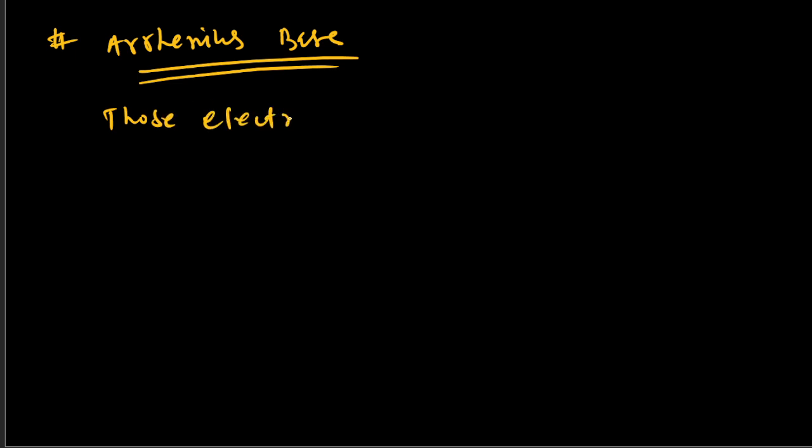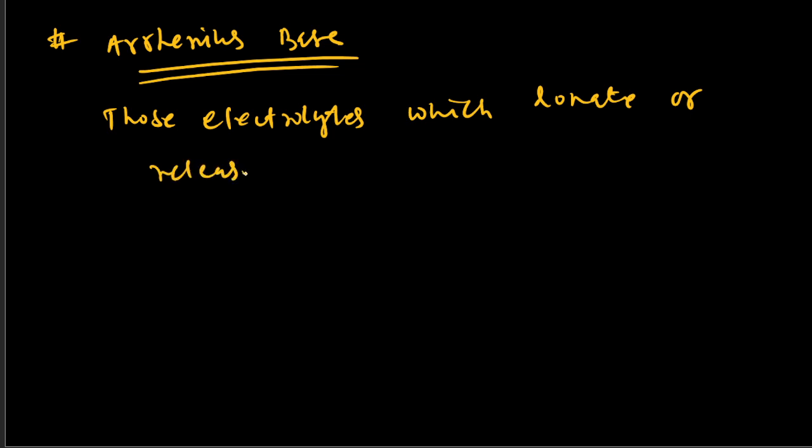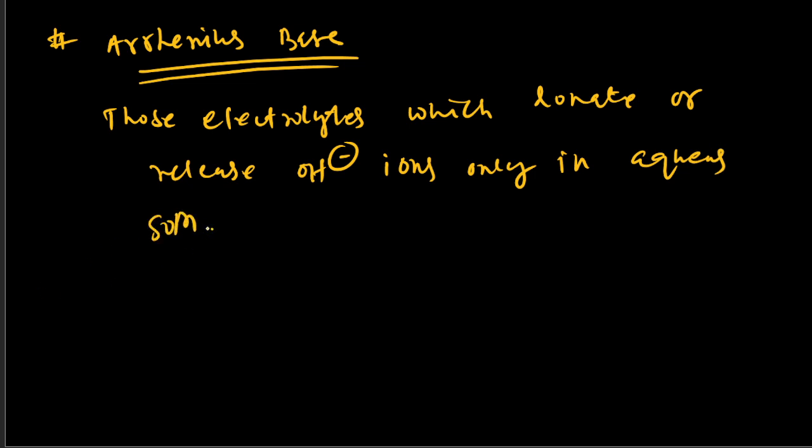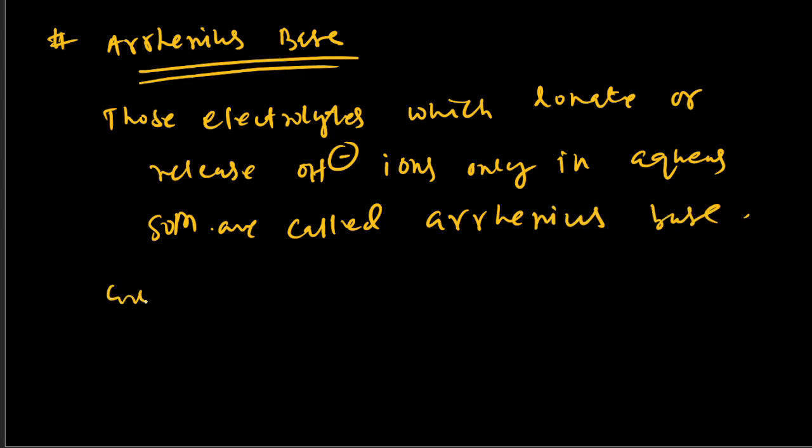Those electrolytes which donate or release OH minus ions only in aqueous solutions are called Arrhenius bases. Example: NaOH in aqueous solution gives Na plus and OH minus.